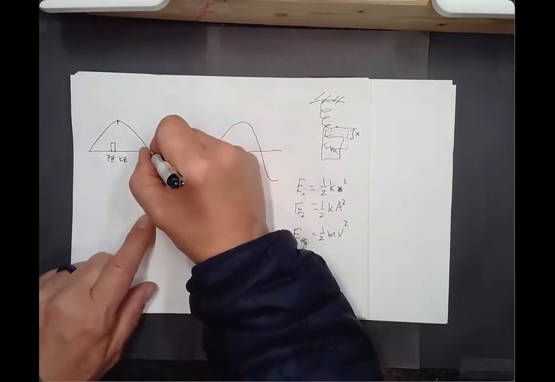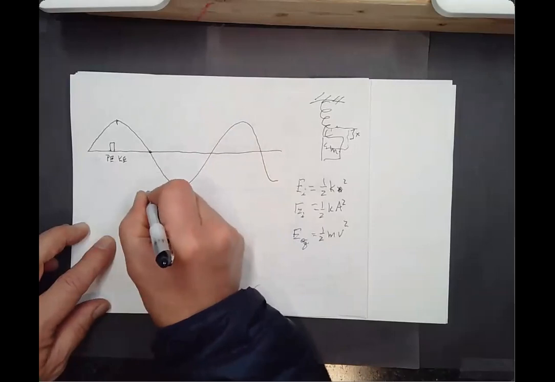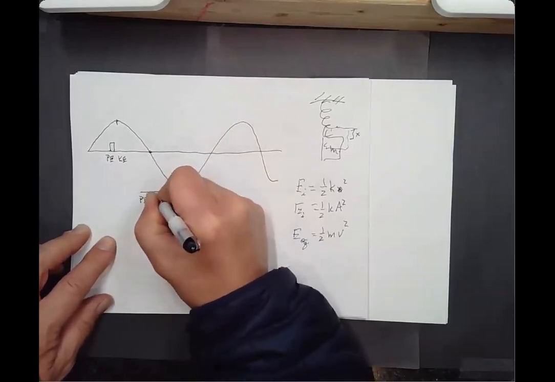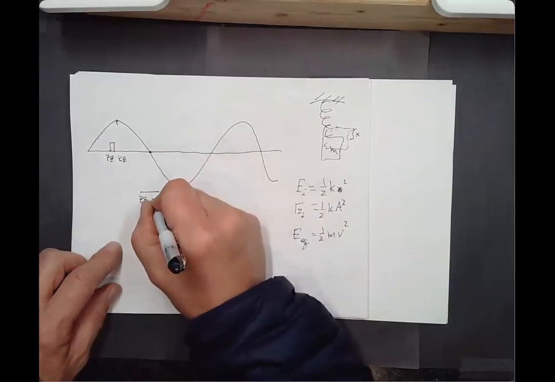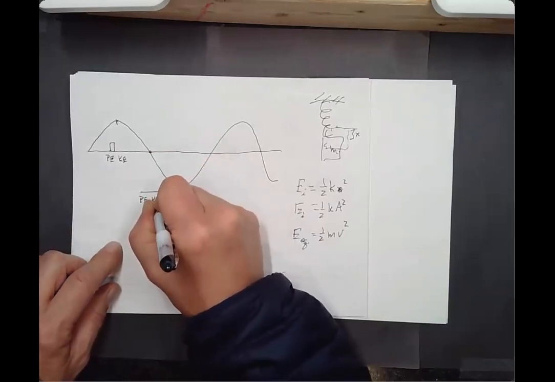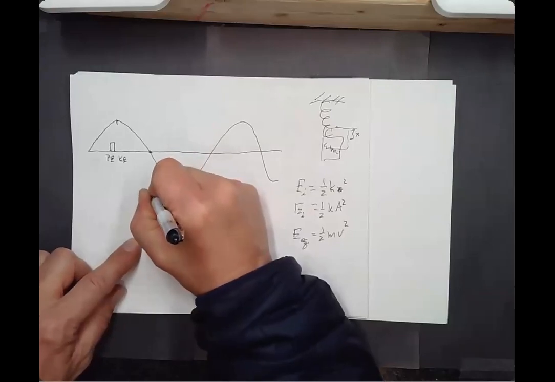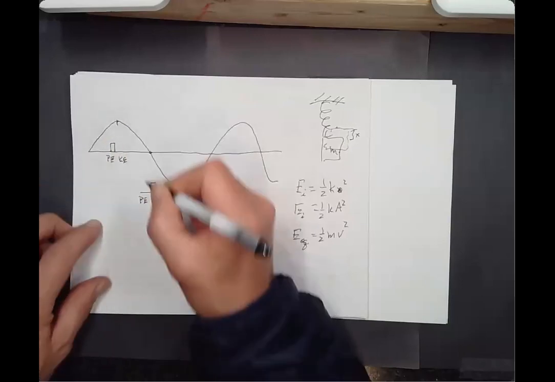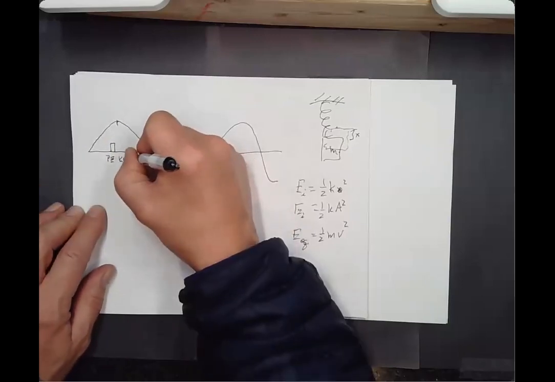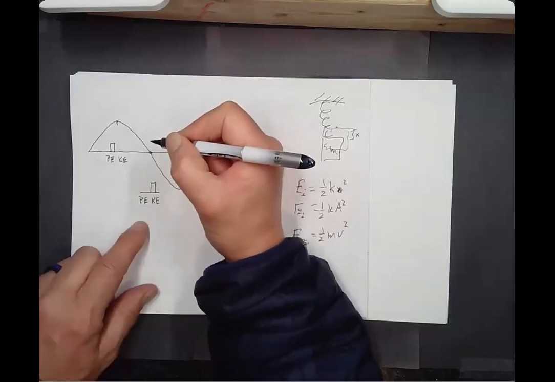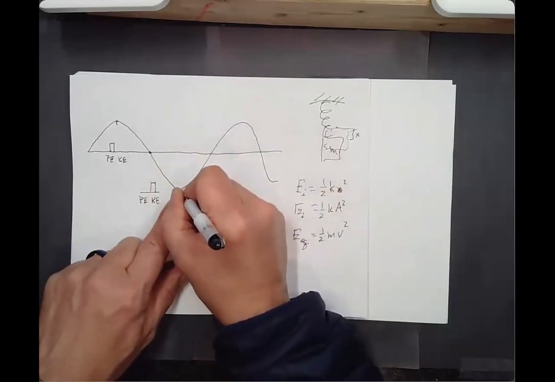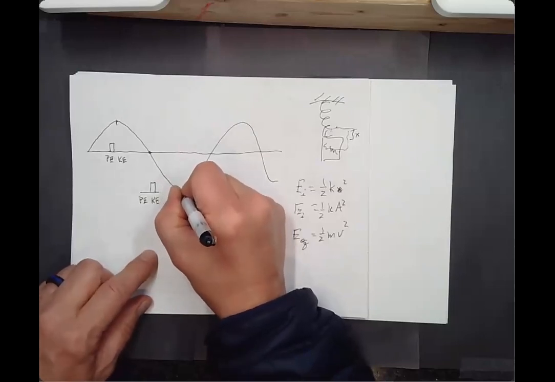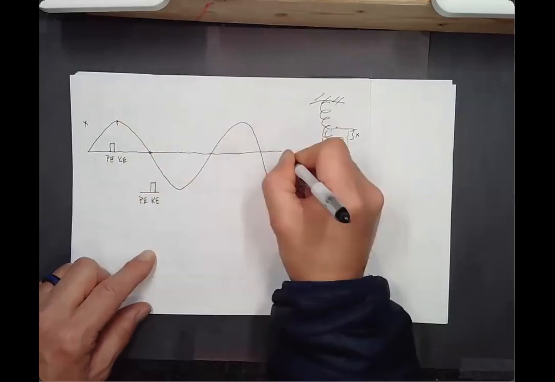When we get to this spot here, I should be putting the graphs down at the bottom, it has kinetic energy, but the spring is at equilibrium, so we don't have any spring energy anymore. The height of this is exactly the same as the height of that. Halfway between, it has a mixture of the two. Then you get down to here, and it stops instantaneously. The slope goes to 0 right at the bottom. This is an x versus t graph.